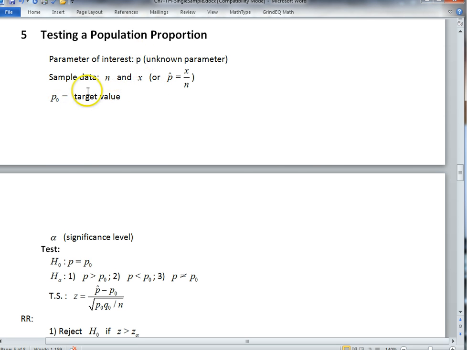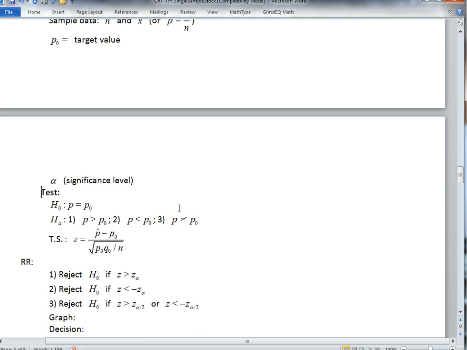So p0 is the target value. We want to know whether p is equal or not equal to p0 or larger than p0 and so on. So another value we need is alpha, which is called the significance level, usually a small alpha between 5%, 10% or so on.